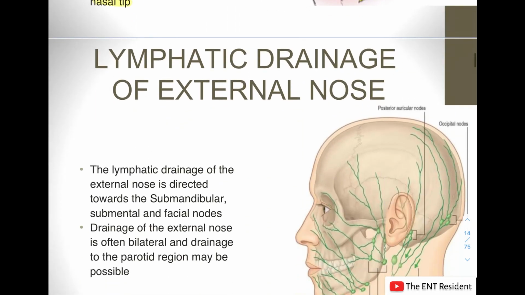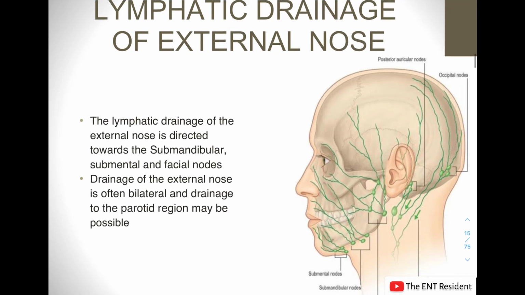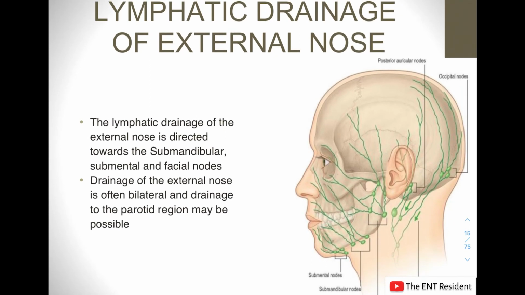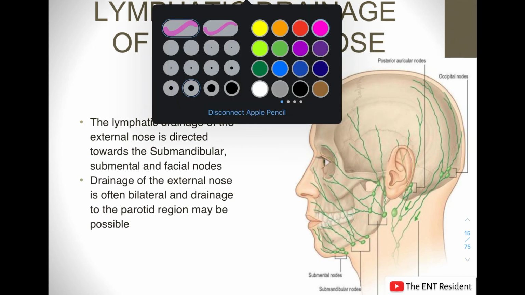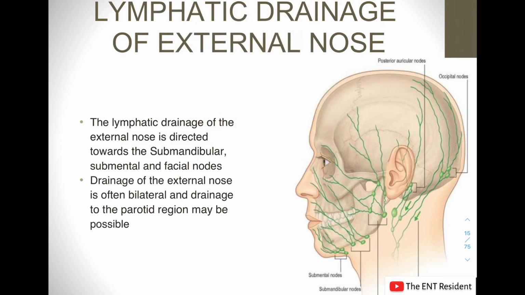Lastly, we have to study the lymphatic drainage of the external nose. The lymphatic drainage of the external nose can be divided into submandibular, submental, and the facial nodes. You can see over here, these are the submental nodes, these are the submandibular nodes, and facial nodes are not visible here.